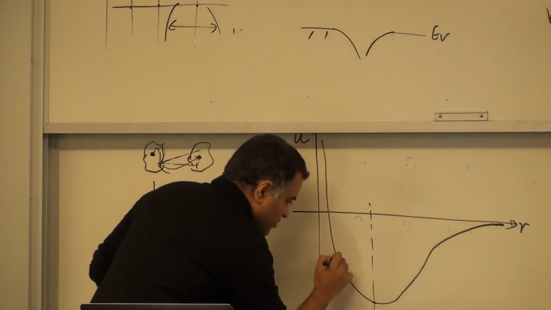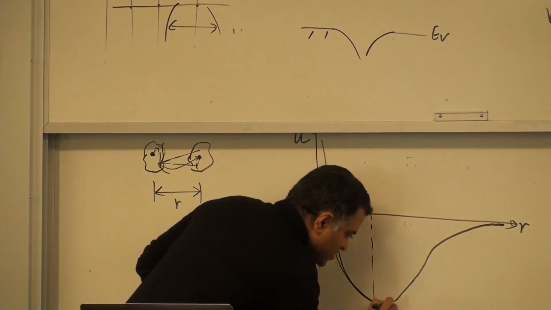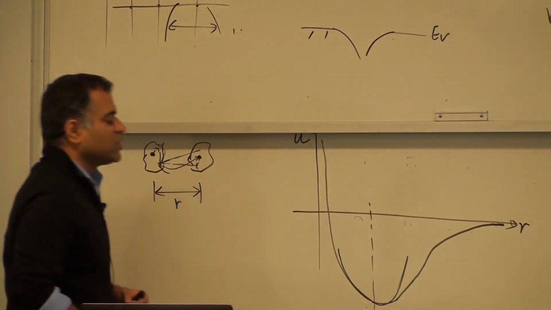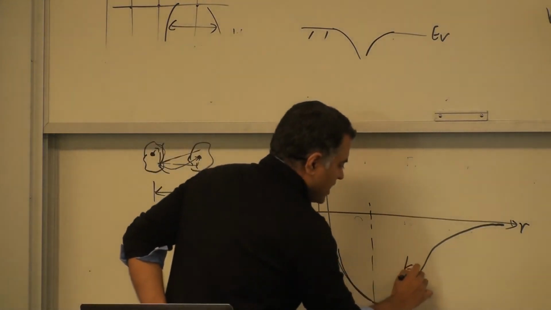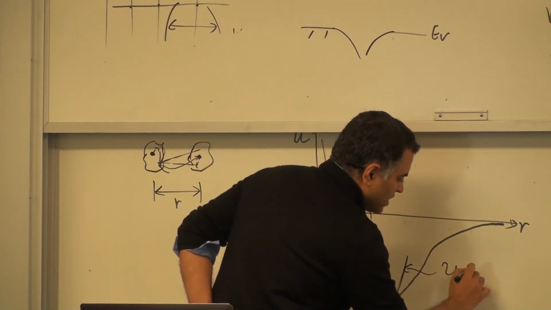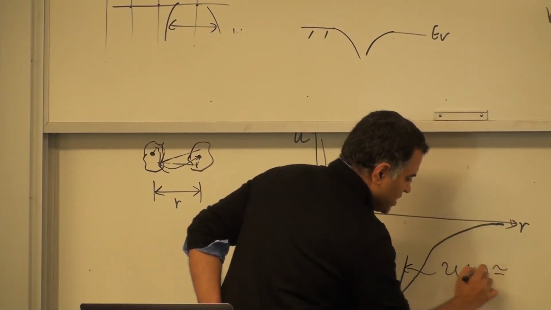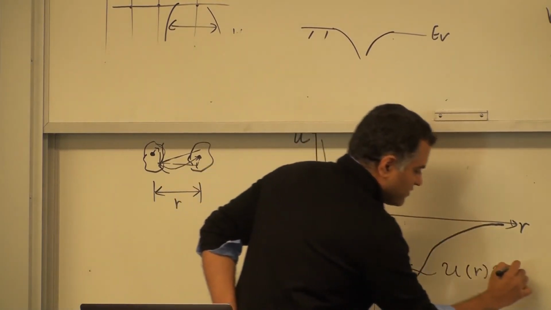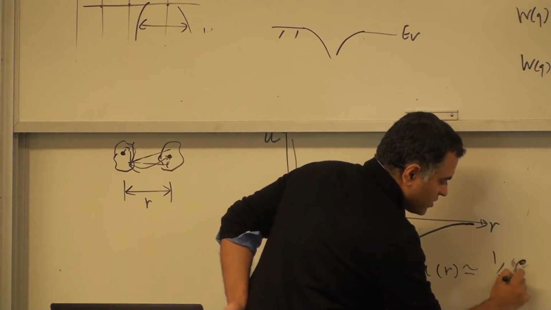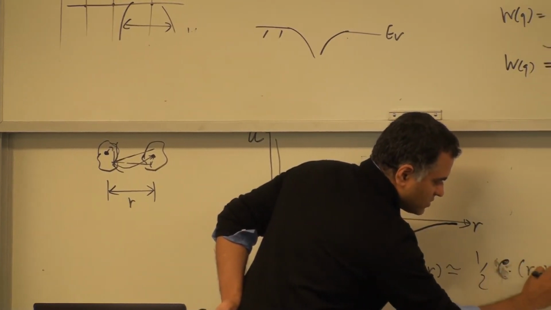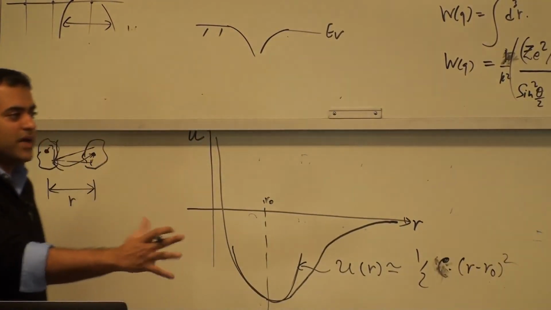And if you zoom in here, the bottom of any curve is a parabola. You can write that as U around that minimum point R naught as roughly half some spring constant times (R minus R naught) squared. Half k x squared is the mass-spring system now.